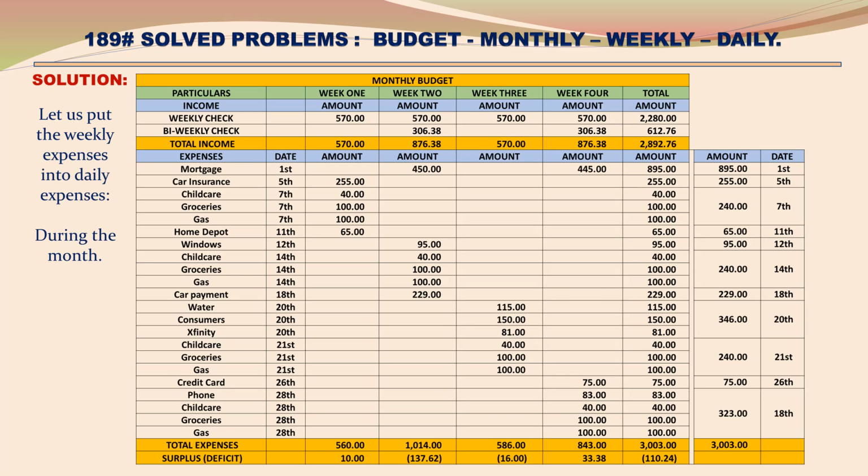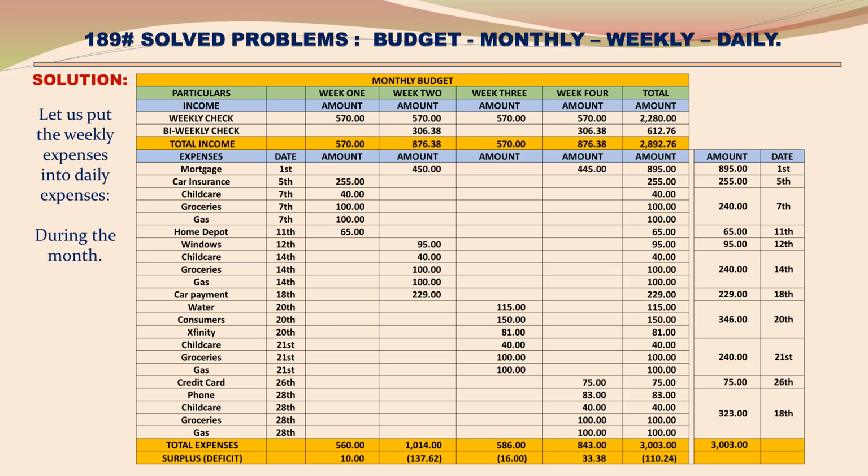On 14th 240 total: child care 40, groceries 100, gas 100. On 18th 229 for car payment. On 20th 346 in total: water 115, consumers 150, Xfinity 81. On 21st 240: 40 for child care, 100 for groceries, 100 for gas.